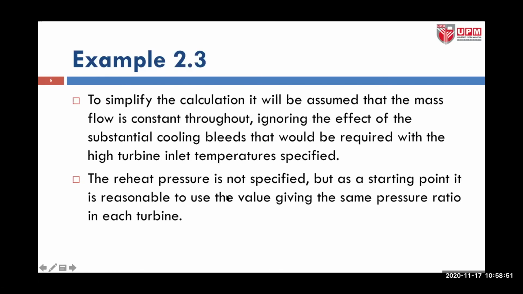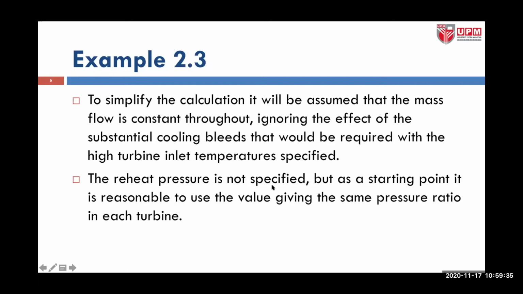In order for us to perform the analysis, we have to simplify the calculation. We assume that the mass flow is constant throughout, right? So from the compressor until the end, the mass flow m dot is the same, ignoring the effect of substantial cooling bleeds. Remember, we have less than 1% of cooling effect that would be required with the high turbine inlet temperature specified, which is quite substantial.